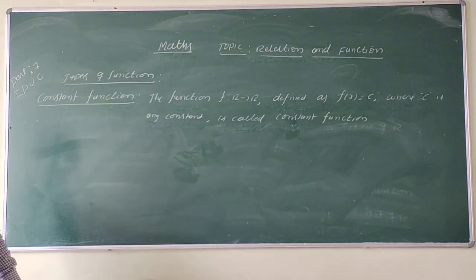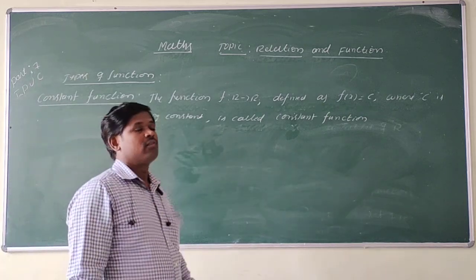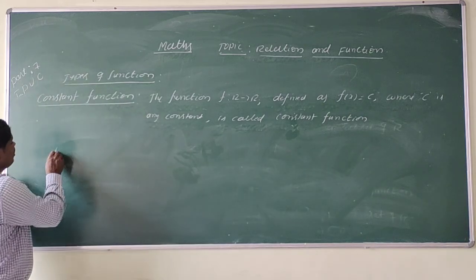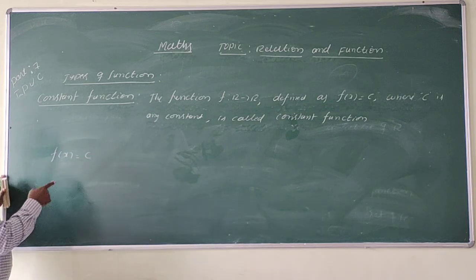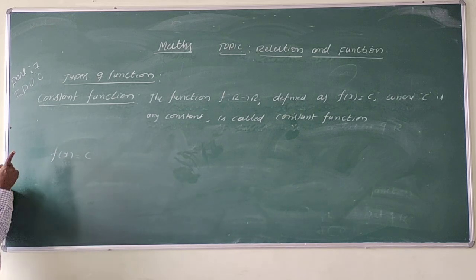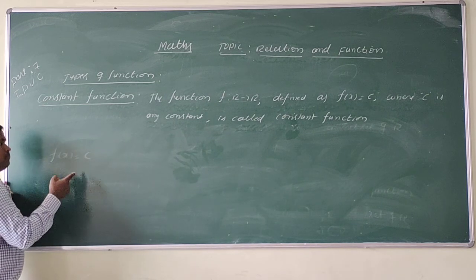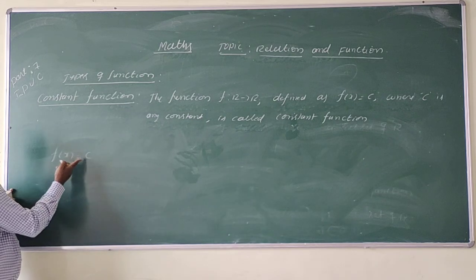So what does it mean, and what is the domain, range, and graph of the function? See here, f of x is equal to c. This is the output value and this is the input value. Suppose we give any input value to this function, there is no change.